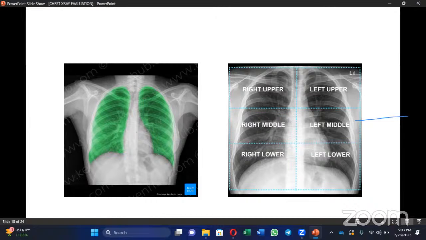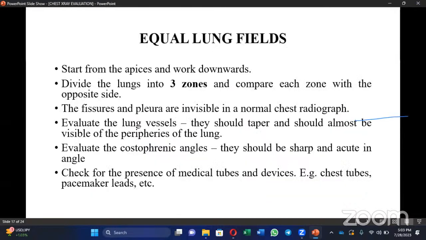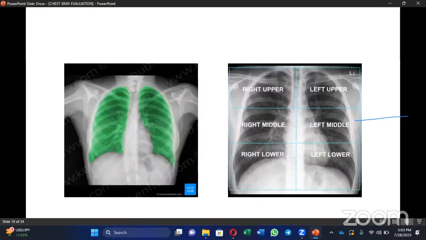However, the gross anatomy of the lung is divided into lobes instead of zones. But for the purpose of reading a chest radiograph, we always divide the lung into zones.